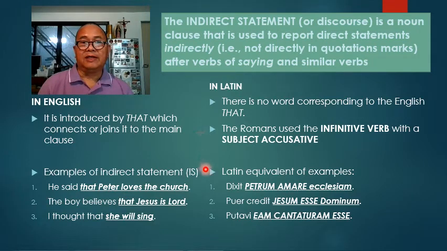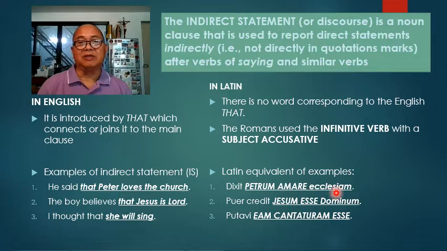So if we look at the Latin equivalent of the examples we have given in English, the first one, he said that Peter loves the church. He said, Dixit, that Peter loves the church, Petrum amare ecclesiam. So you will notice that the subject is in the accusative case, Petrum, while the verb is in the infinitive form, amare.